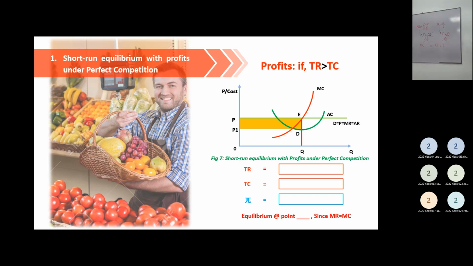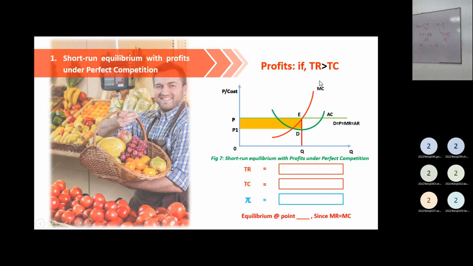Now, if I ask you simply, what is the profit maximizing output? The condition: MR equals MC. Marginal revenue must equal marginal cost. At which point can you see that this condition is fulfilled?